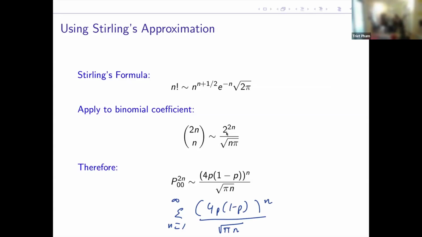Can we prove now that if p is equal to 1/2, this diverges, and when p is not 1/2, this converges? Anyone remember their Calc 2 education and how to do that?